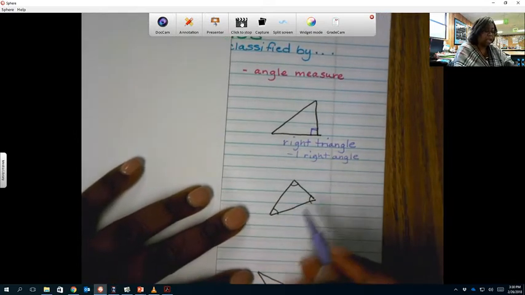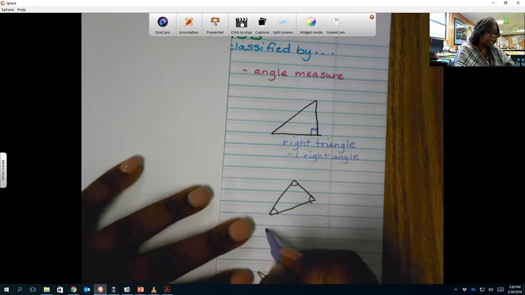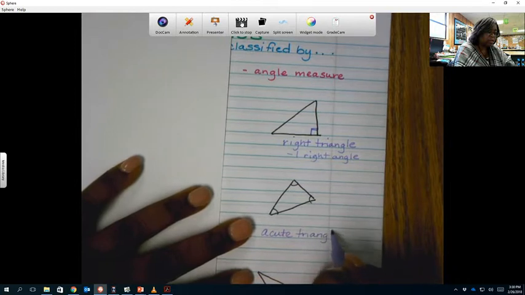This next triangle has three acute angles, so we call this an acute triangle. It has three acute angles.